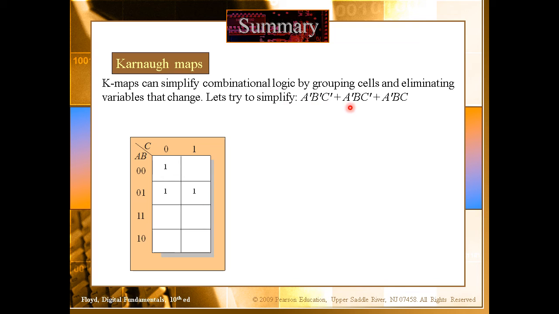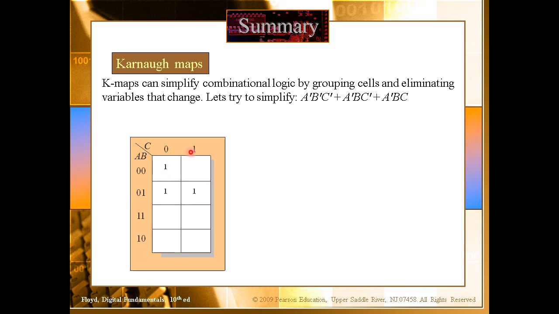I look at the expression and then I look at the terms. Let's say this is my first term, which is A prime, B prime, C prime. Look at the table. What is the cell for A prime, B prime, C prime? This is the cell, right? So I put a 1 there.